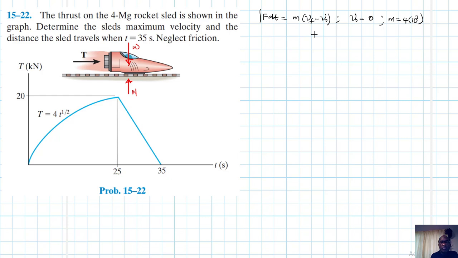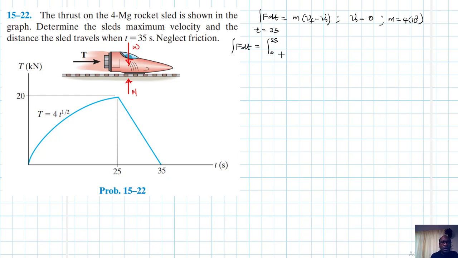What else do we have? We have t equal to 35 seconds, and therefore the integral of F dt is just equal to the integral from 0 to 25. Do it in parts.